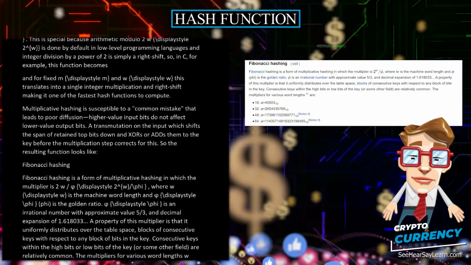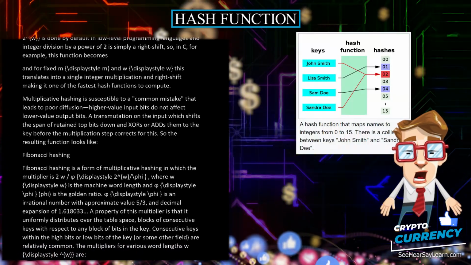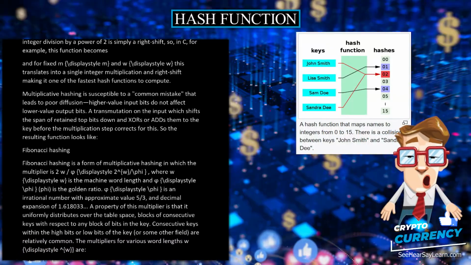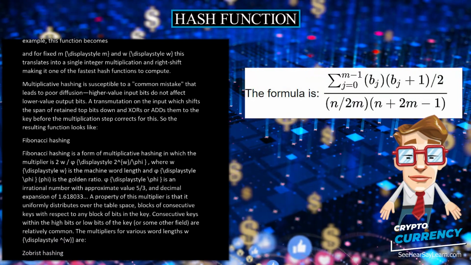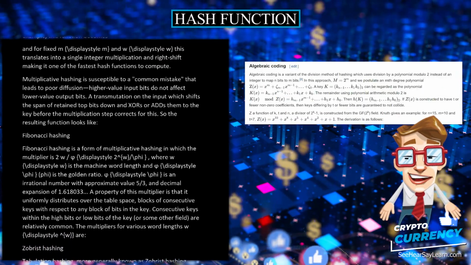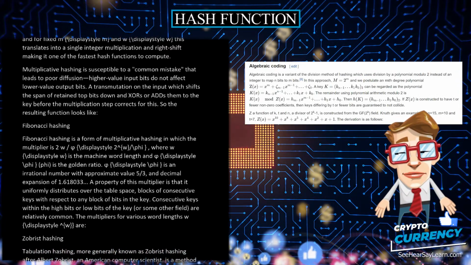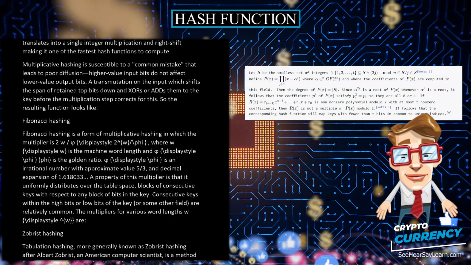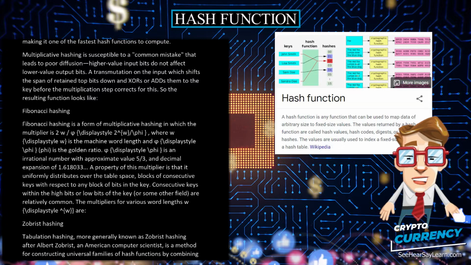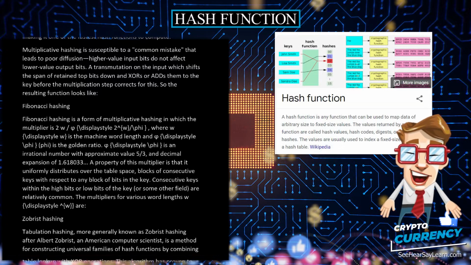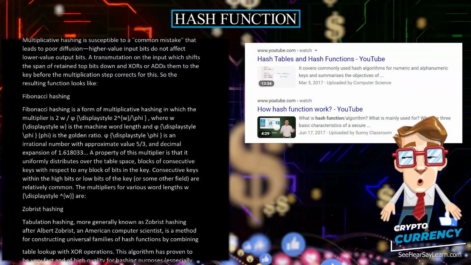Fibonacci hashing is a form of multiplicative hashing in which the multiplier is 2^w/phi, where w is the machine word length and phi is the golden ratio. Phi is an irrational number with approximate value 5/3, and decimal expansion of 1.618033.